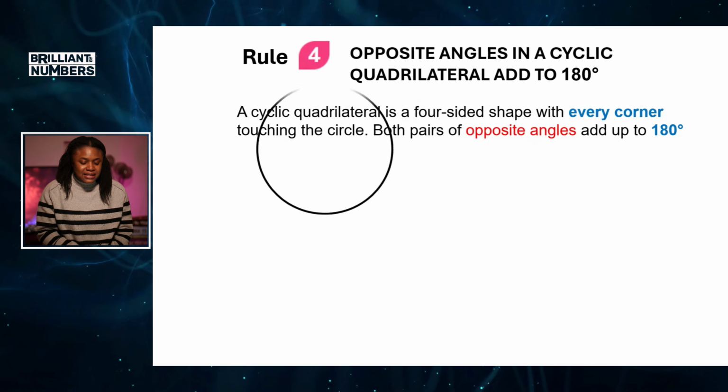I'm highlighting this because lots of students tend to believe that once they have a quadrilateral in a circle, then the cyclic quadrilateral principle applies. No, all the corners of the quadrilateral have to touch the circumference of the circle for that rule to be applied. So let's look at it diagrammatically.